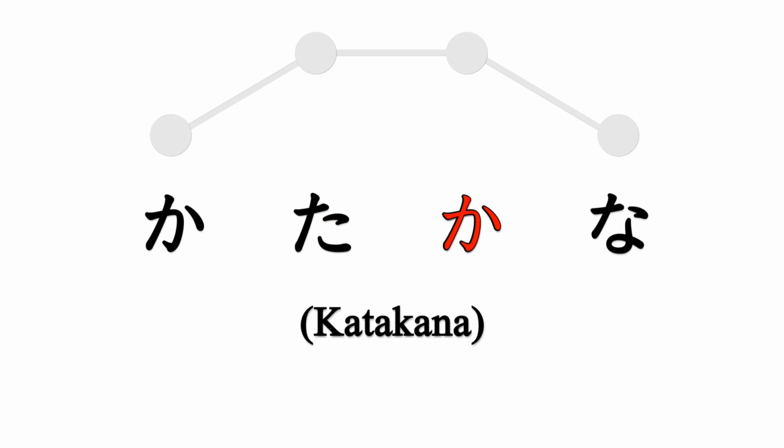The third one. As I said, after the accented syllable, the pitch always drops. So the reason why you identify the accented syllable is not because it is pronounced higher in pitch, but because the pitch drops right after the accented syllable. This is the characteristic of Japanese pitch accent.